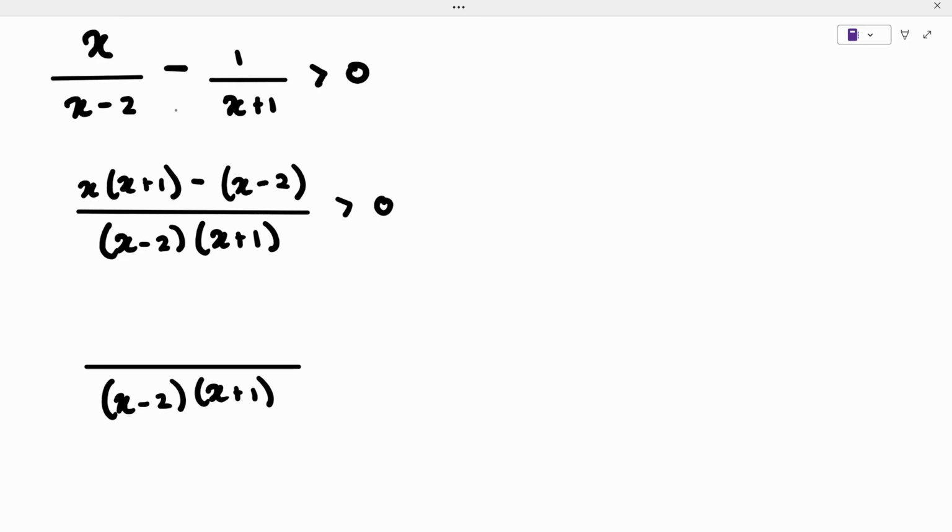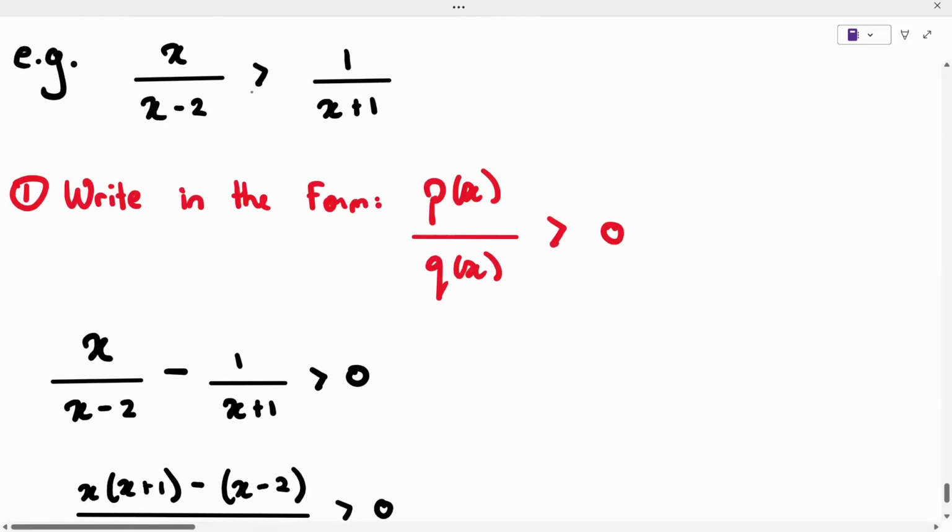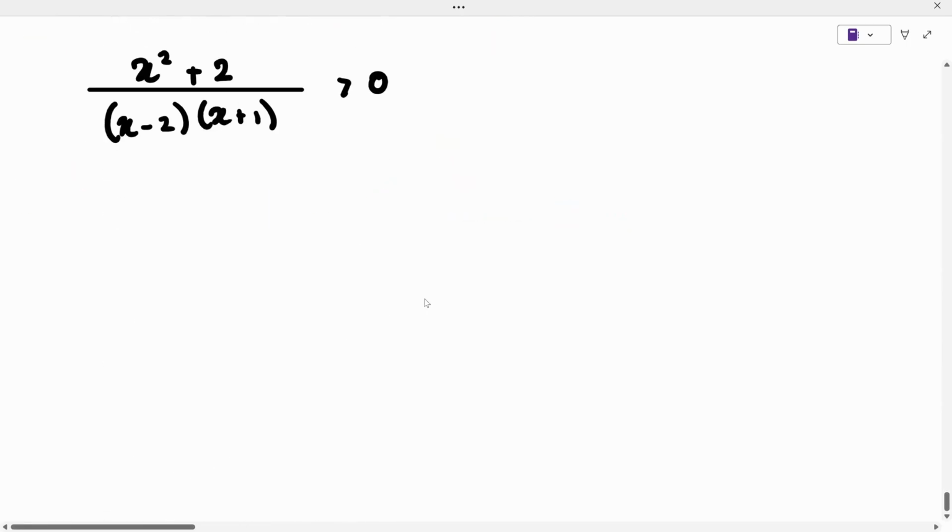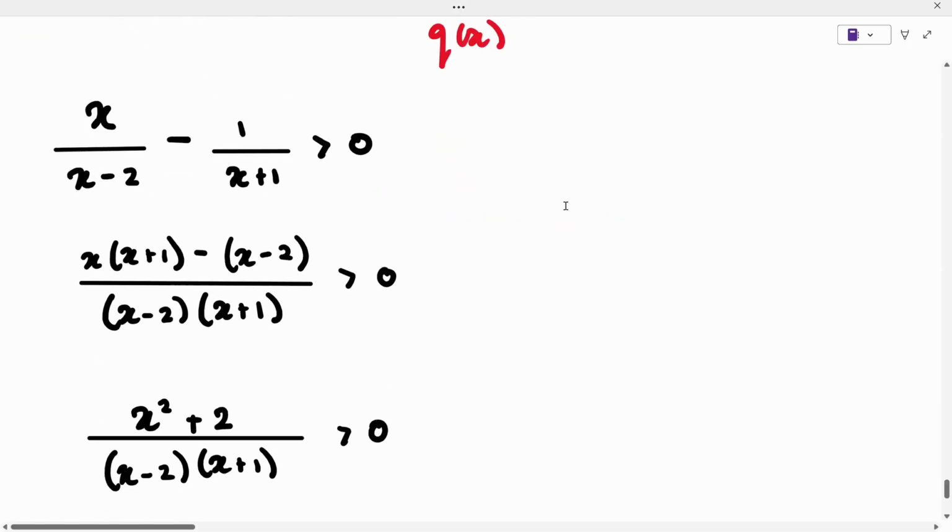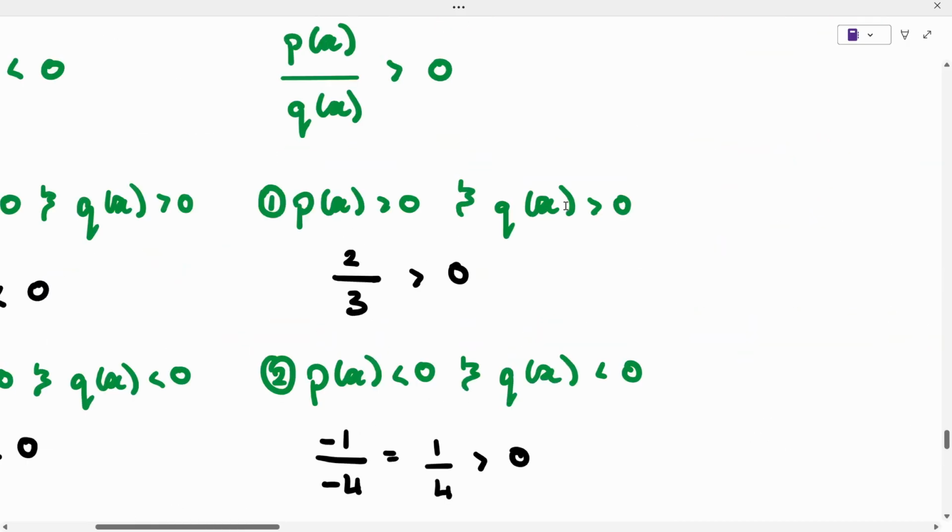So x times x is x squared, plus x minus x is 0, minus times minus 2 is plus 2, greater than 0. Nice. So this is now of the form p of x over q of x is greater than 0.